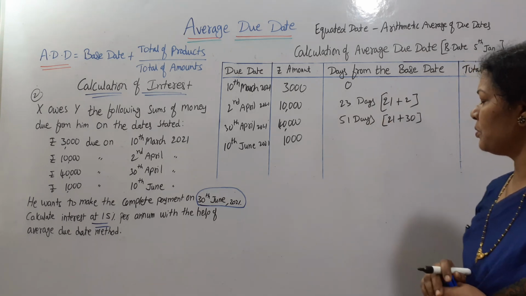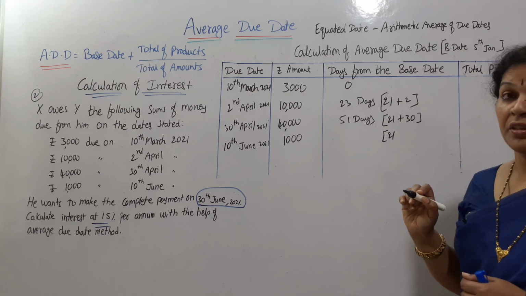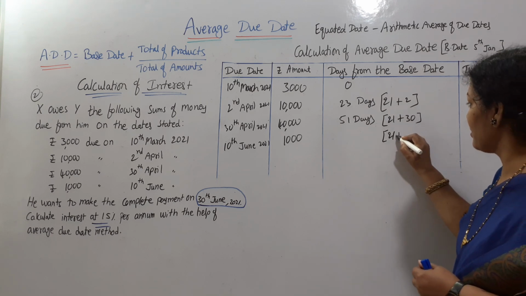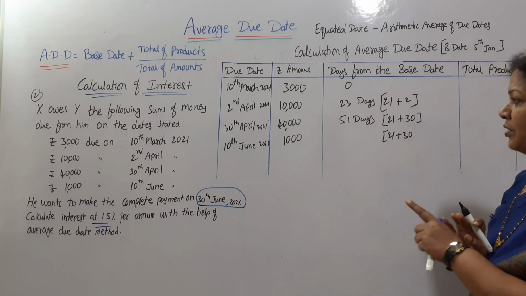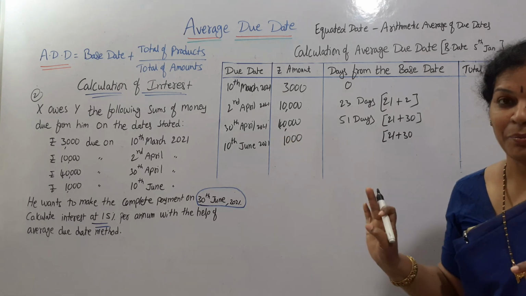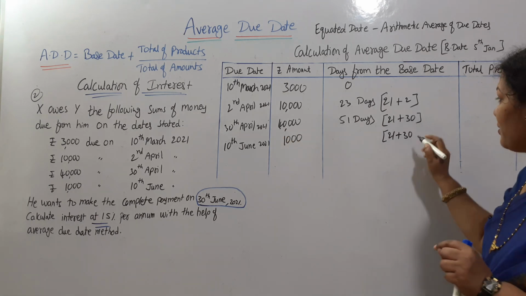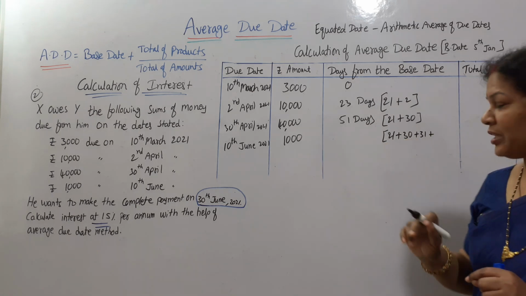Next 10th June. March we have 21 days, April 30 days, and May is also there. May you are not finding, please be careful. May has 31 days, plus June 10 days.